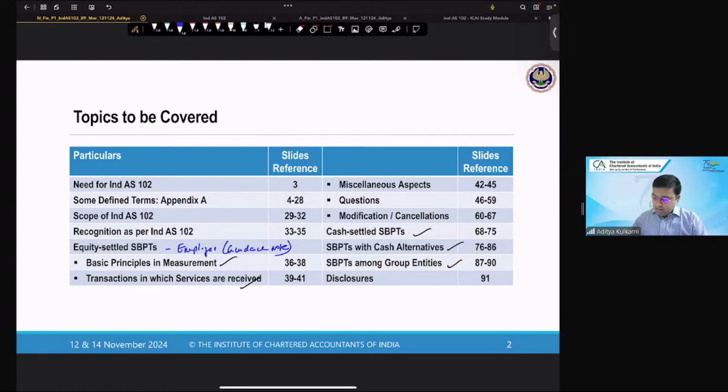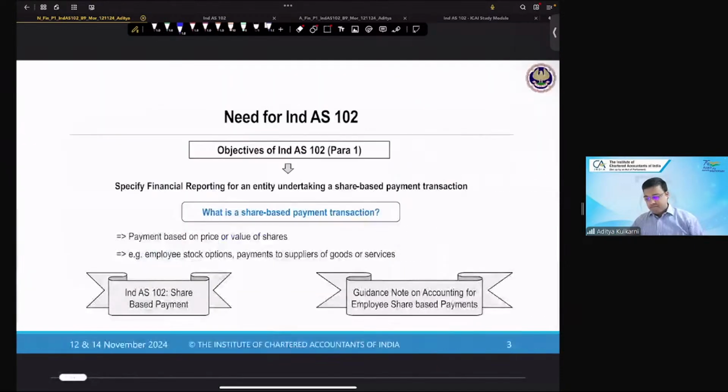Cash settled SBPTs were also there in your guidance note as far as employee-based cash settled payments were concerned. SBPTs among group entities was not there. This is a fresh item. SBPTs with cash alternatives also is a fresh item under Ind AS 102. Extremely important. Okay. So with this agenda for the coverage, let us proceed further.